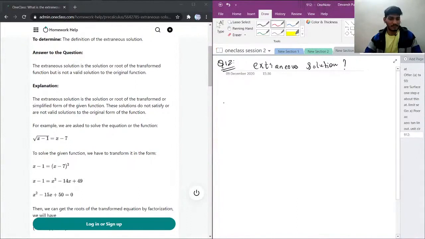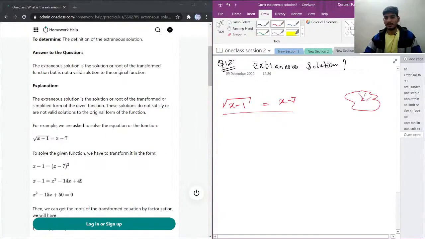Here we have the equation square root of x minus 1 equals x minus 7. Let's say this is the domain of this equation, and my x is going to be in this domain.